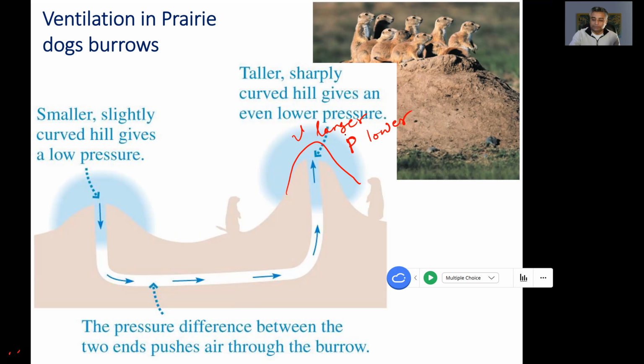Pressure lower, okay? Lower pressure means the air can flow through there. That way they can breathe air when they are inside. That's how they do the ventilation. They are good engineers.